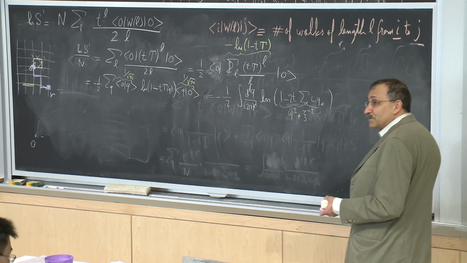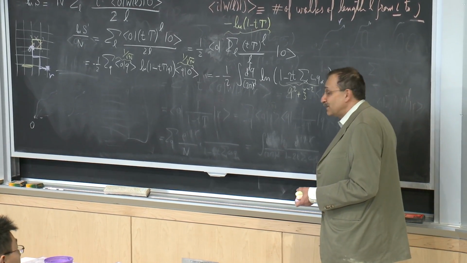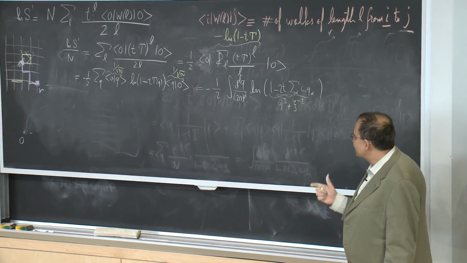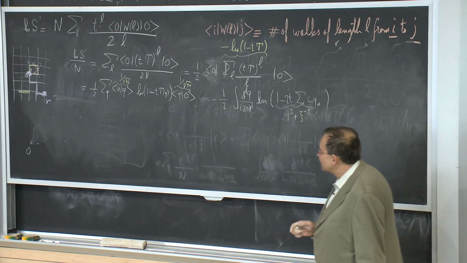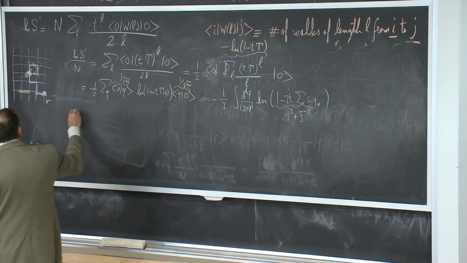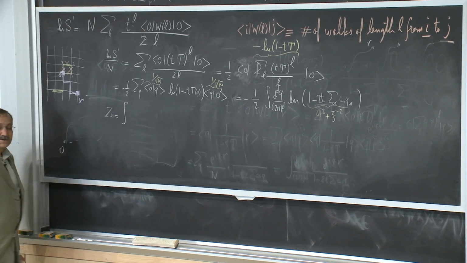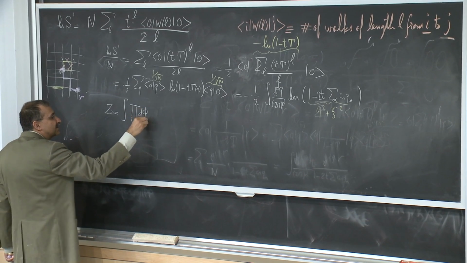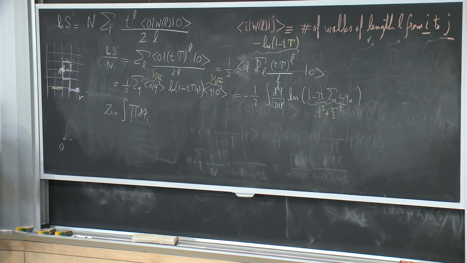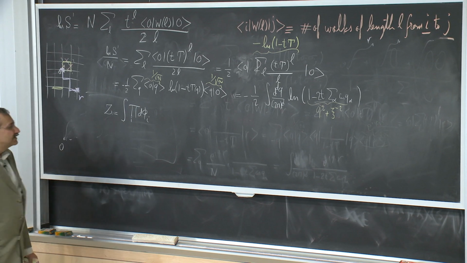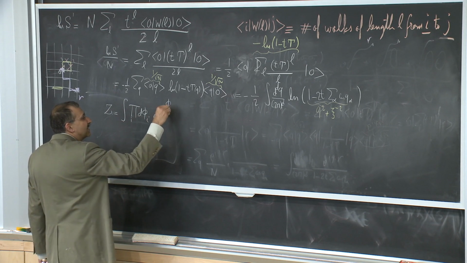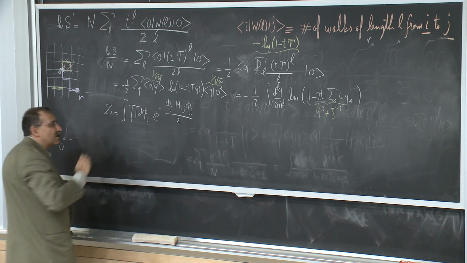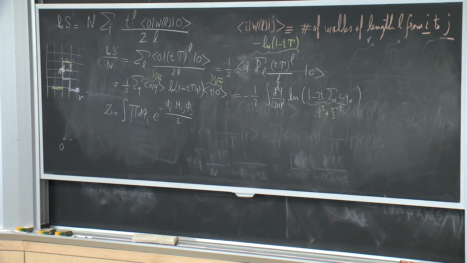But why did we end up with the Gaussian model? Okay? Let's work backward. That is, typically, when we are doing some kind of a partition function of a Gaussian model, let's say we have some integral over some variables phi i. Let's say we put them on the sites of a lattice, and we have e to the minus phi i, some matrix M_ij phi j over 2, sum over i and j implicit over there.